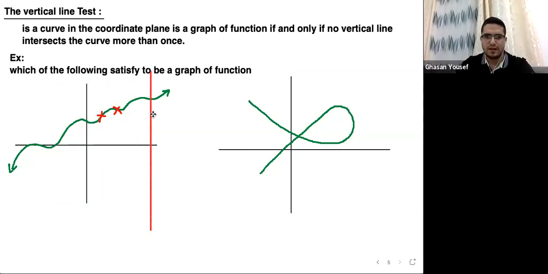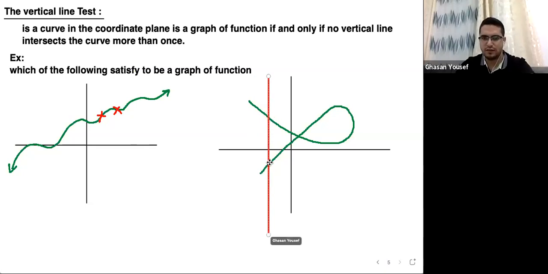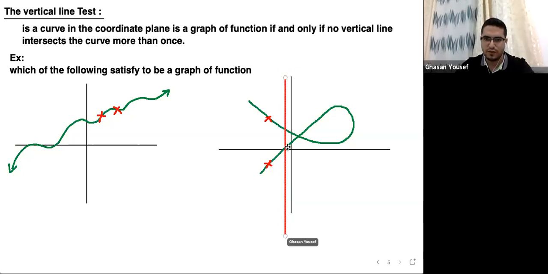Let's check the second curve. If I go to this curve, the red line crosses the curve at two points: the first point is this and the second point is this. If I move to the right, the same thing: the vertical line crosses the curve at two points.